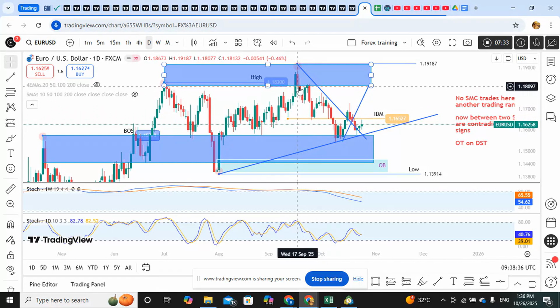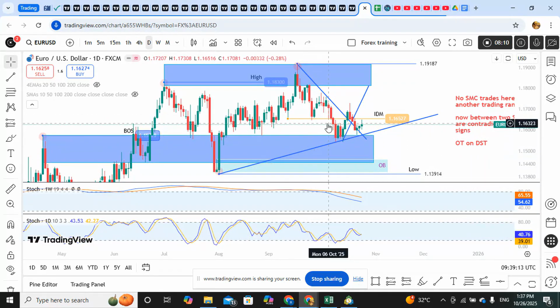I will say that the inducement will become a magnet. Here is a resistance, this is the trend line, and we have an untouched inducement, and we have the daily above the 80, then I will take the trade as a sell position. This is the second scenario, even if it was against the weekly direction. And I will keep looking at this until it goes below or until another factor comes in.